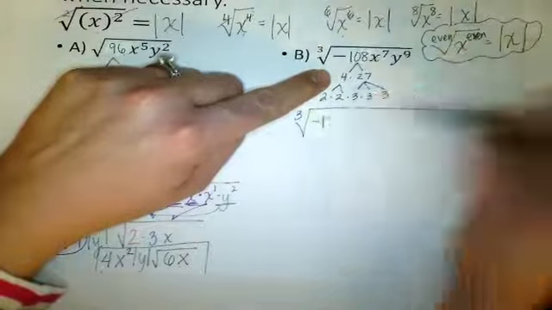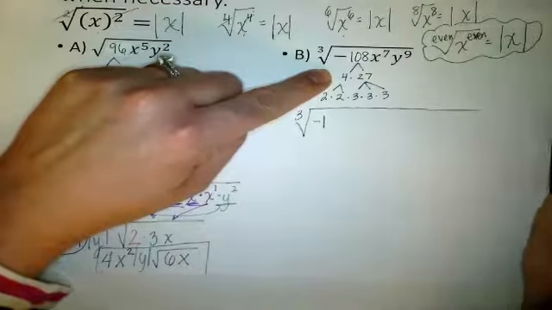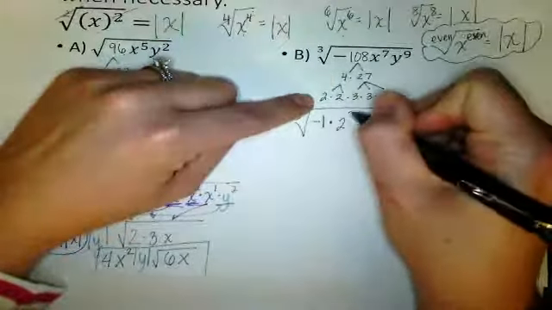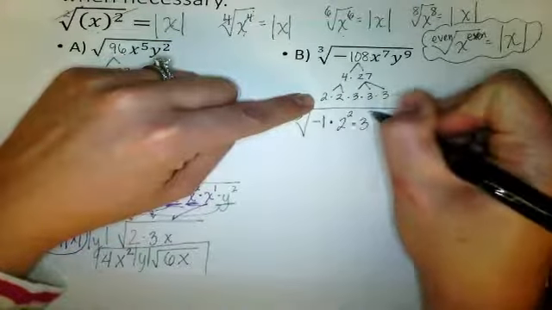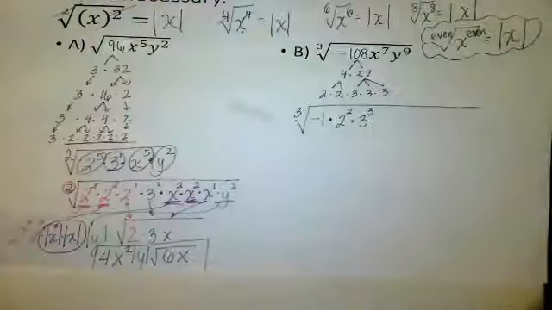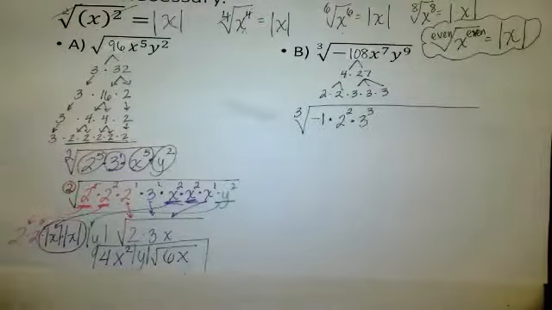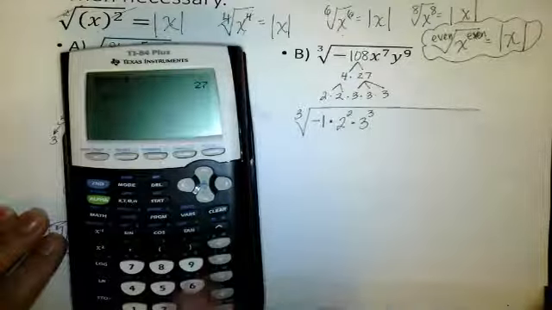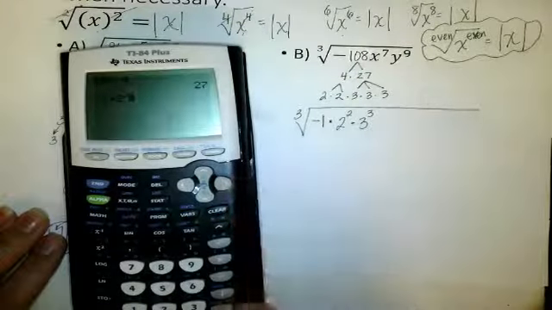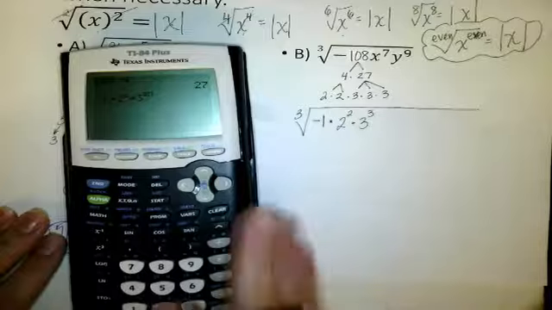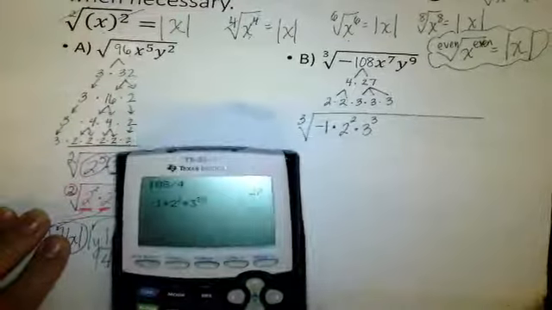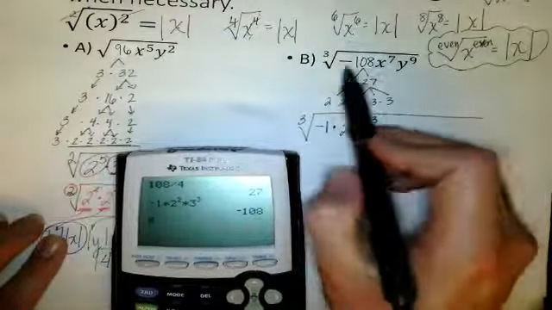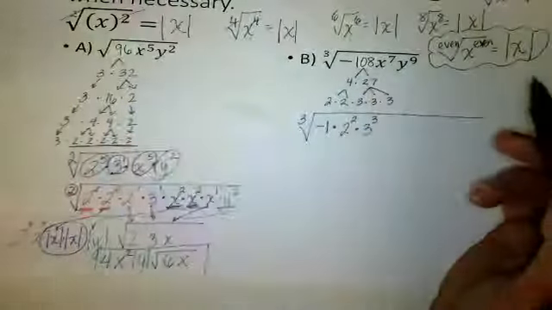I'm going to leave that. Can I leave it as a -1 for now? Times 108. It turns out that 108 is 2 squared times 3 cubed. And if I wanted to make sure, -1 times 2 squared times 3 cubed, hopefully is -108. Ah, it is. Okay, so all of this is the same as -108.